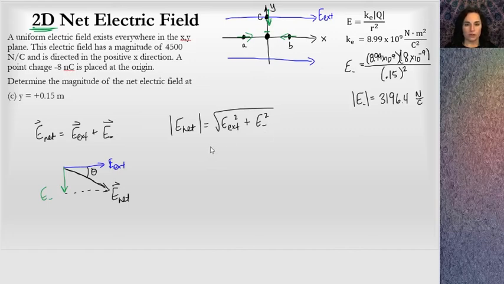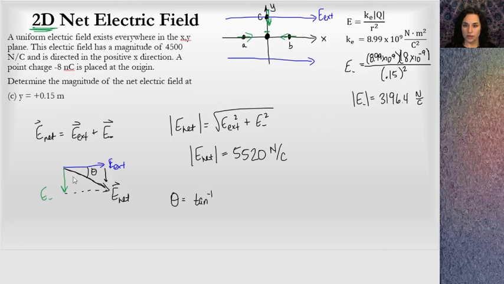We can put values in there. You can see the values here. When you run this through your calculator, you will get the magnitude of E net: 5519 something, which I rounded to 5520 newtons per coulomb. We can find that angle theta. Theta is going to be the inverse tan of the opposite over the adjacent.